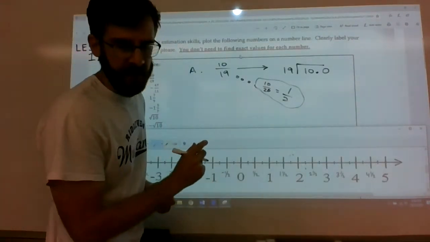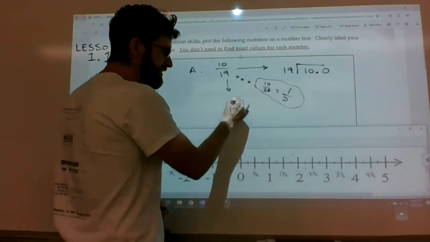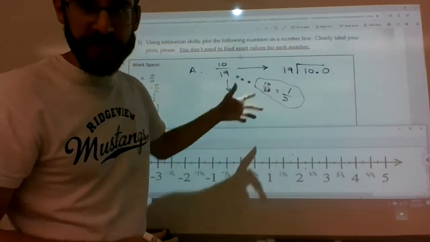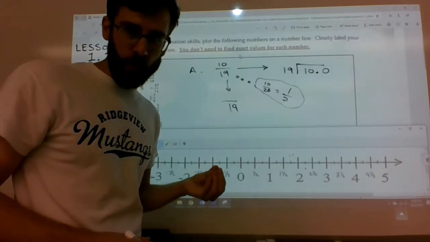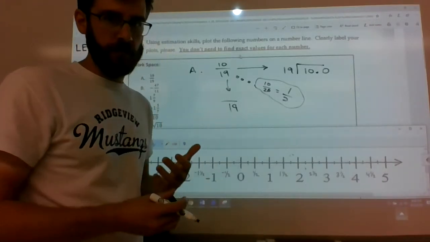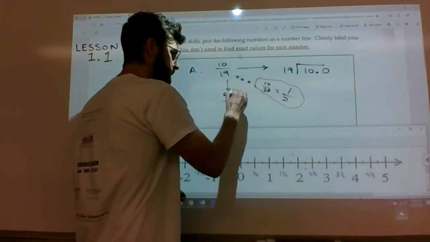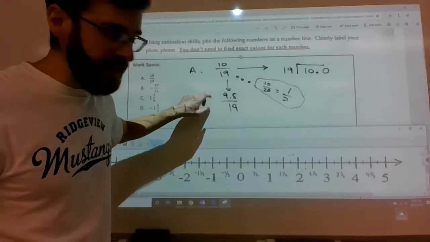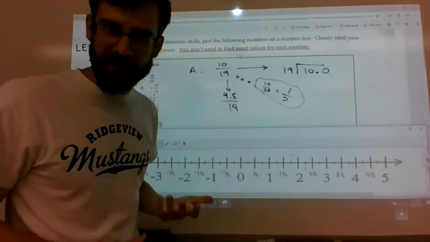Well, think about it like this. What is exactly half of 19? Like, we figured out what exactly half of 20 was. It was 10. All right? But 19, exactly half of that would be 9.5. So 9.5 over 19 is exactly a half value.